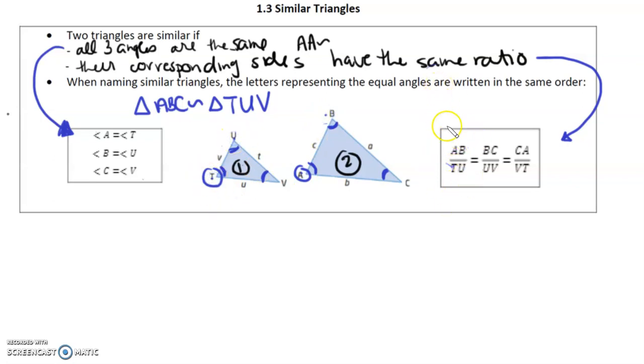And the ratio, which means when we divide it, is equal to BC over UV. And then CA over VT. We have to put them in the same order. So let's put these into questions.